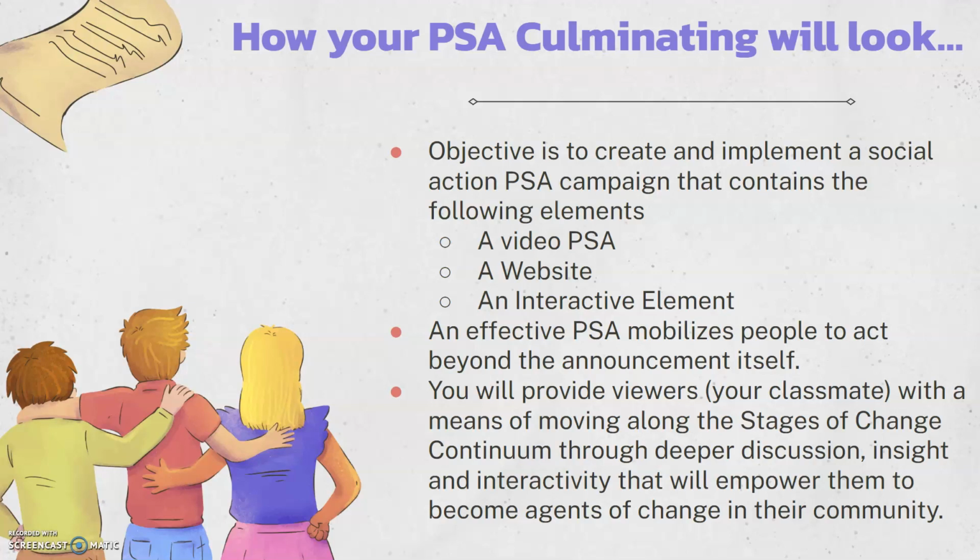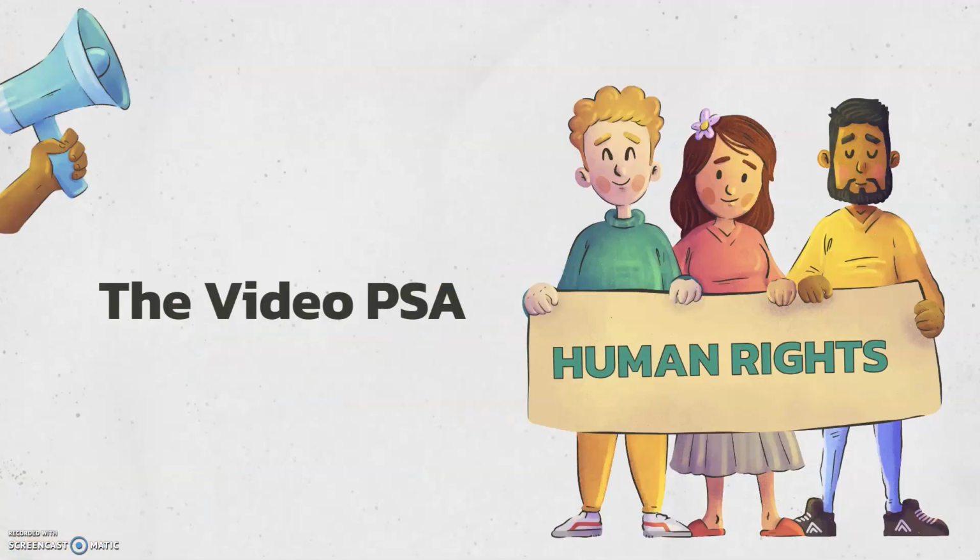An effective PSA is one where people see it and are mobilized to act beyond the announcement itself. You'll provide viewers, which will be your classmates, with a means of moving along the stages of change continuum through deep discussion, insight, and interactivity that will empower them to become agents of change in the community after viewing your PSA.